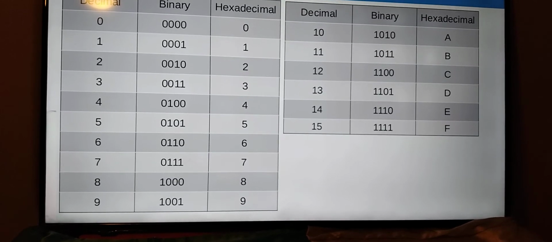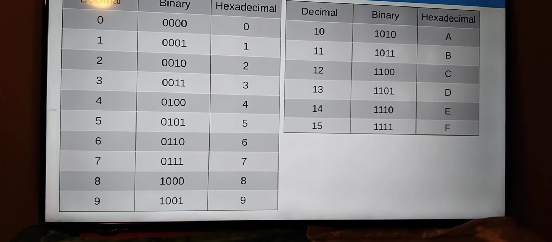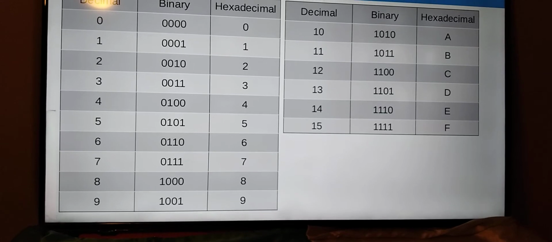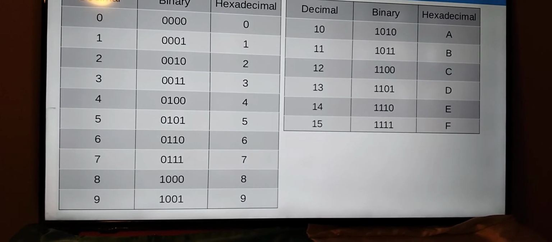The hexadecimal equivalent of 10, 11, 12, 13, 14, and 15. So we can squeeze more information into one hexadecimal digit, and let's go further.